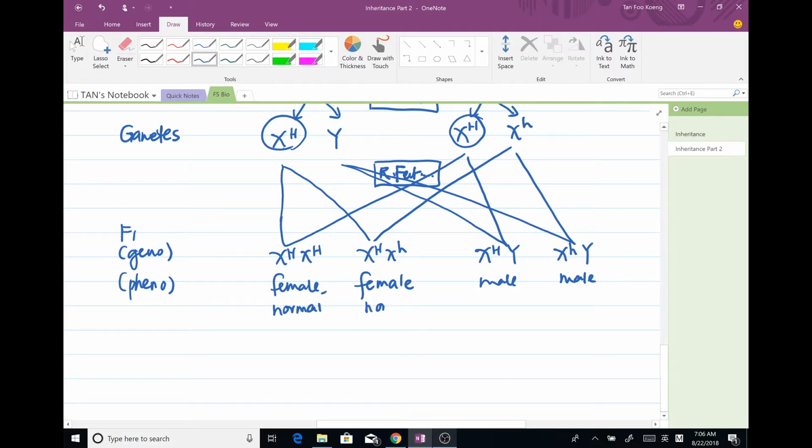This is also a normal female because of the presence of dominant allele. However, she is a carrier, that means to say that she is able to pass on the recessive alleles to her offspring. And this is a male that is normal, and male that has hemophilia.